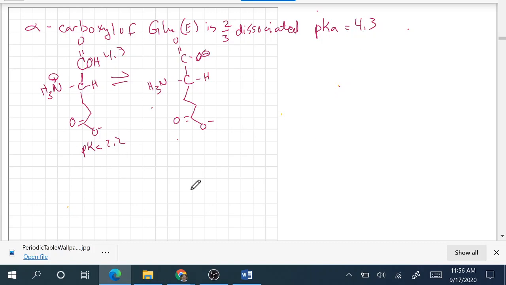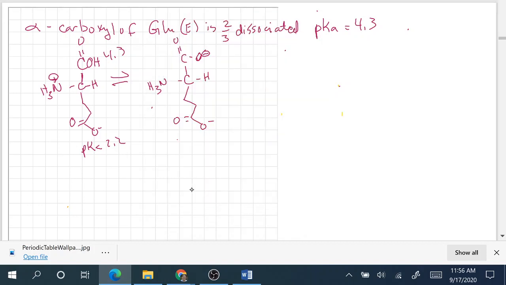So which group are we talking about? We have two carboxylic acid groups in glutamic acid. We have one in the R group, and we have another at the top on the alpha carbon. So we're talking about this top carboxylic acid group dissociating at this pH.